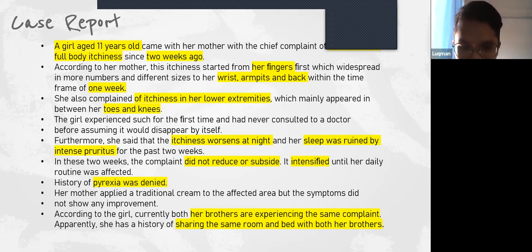According to the girl, both her brothers currently have the same complaint. Apparently, she has a history of sharing the same room and bed with both her brothers, so she got the infestation from her brothers by sharing the same bed.